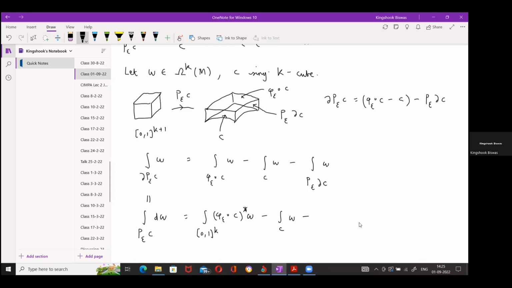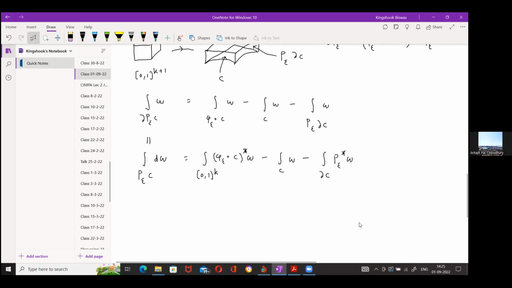Minus, for the last term, we know that the integral of omega over P epsilon of some chain is the same as the integral over the boundary of that chain of P epsilon star of omega, right? Okay, and now over here, I can again use that the integral of d omega over P epsilon C is the same as the integral over C of P epsilon star of d omega.